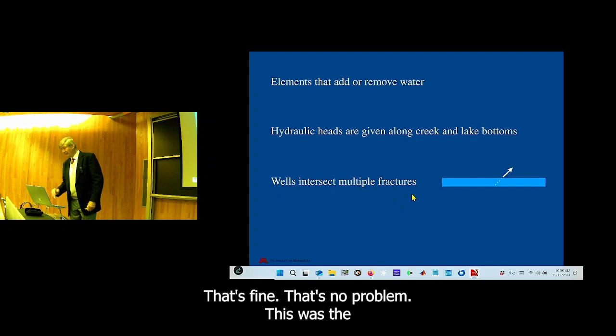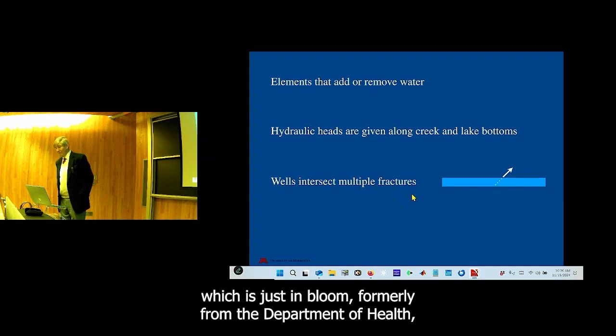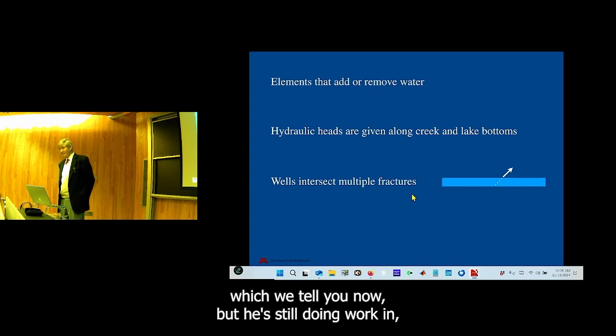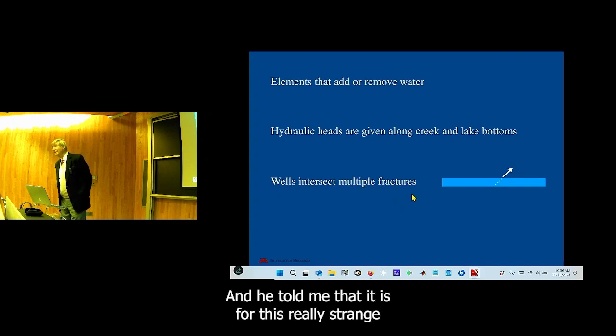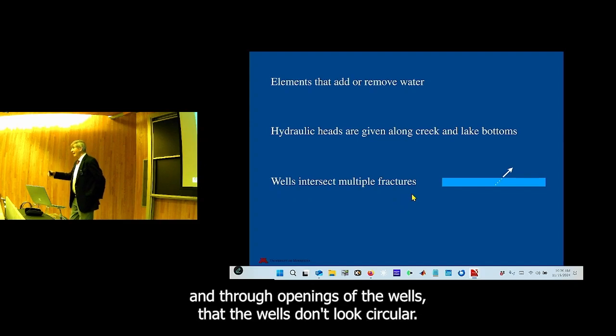That's no problem. I gave this talk some time ago for the local groundwater people, among which is Justin Bloom, formerly from the Department of Health, who is retired now, but he's still doing work in karst and fractured flow. And he told me that what is really strange, if you look at the intersections through the rock and through openings of the wells, is that the wells don't look circular.